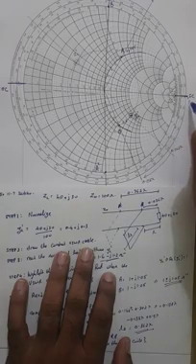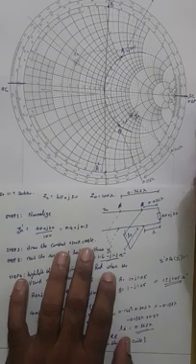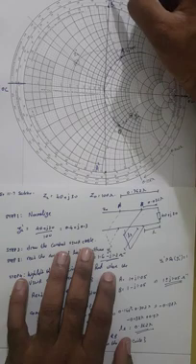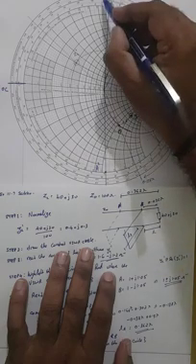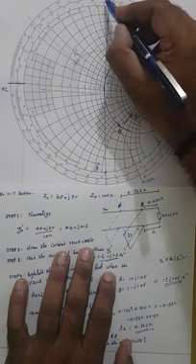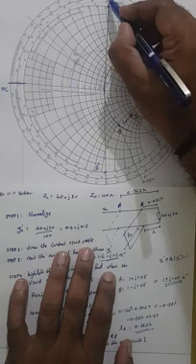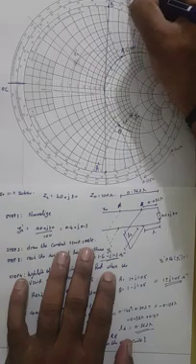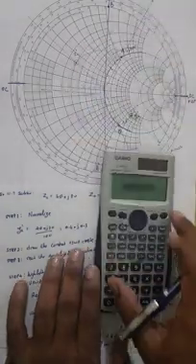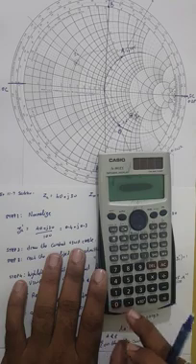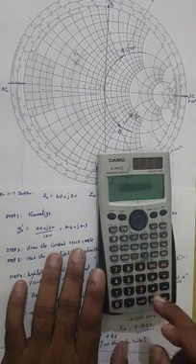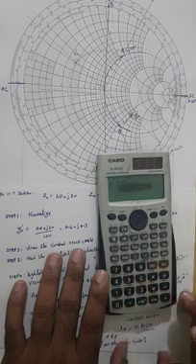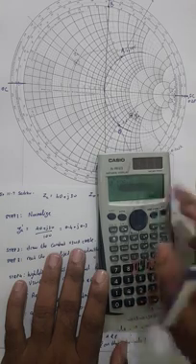Now this spot over here happens to be at 0.25 lambda. So from 0.25 lambda I've got to go all the way up here. Now this spot over here falls at 0.128 lambda. So I pick up my calculator. From 0.128 minus 0.25, which happens to be negative.